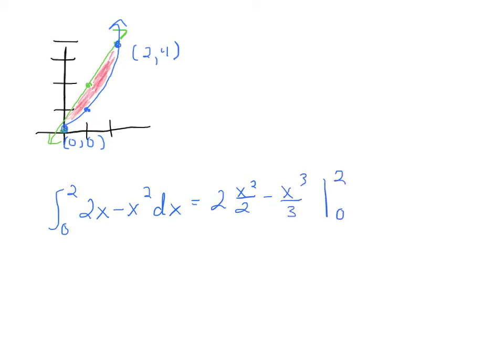And we want to plug in a 2. So that would be 2 squared minus 2 cubed over 3, which would be 4 minus 8 thirds. 4 is really 12 thirds, so we would get 4 thirds units cubed, or I'm sorry, units squared, as the area of that region.